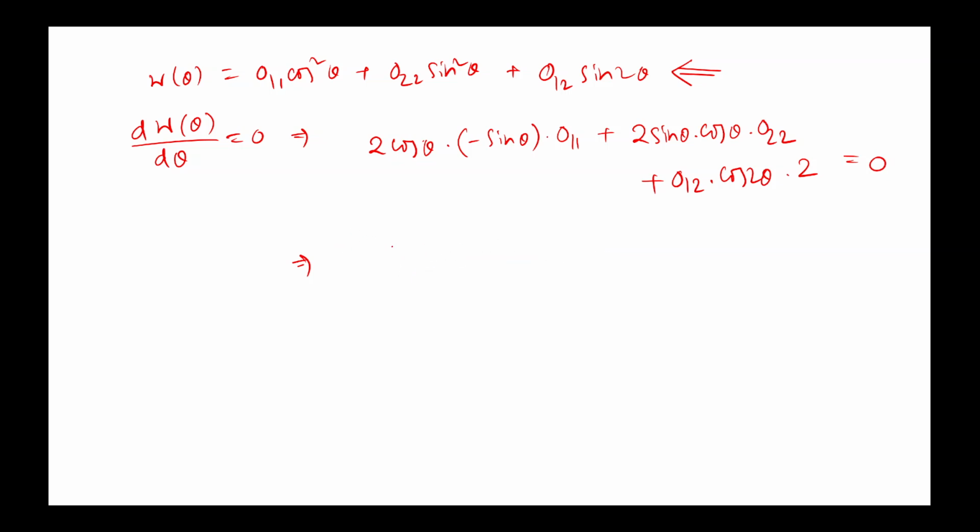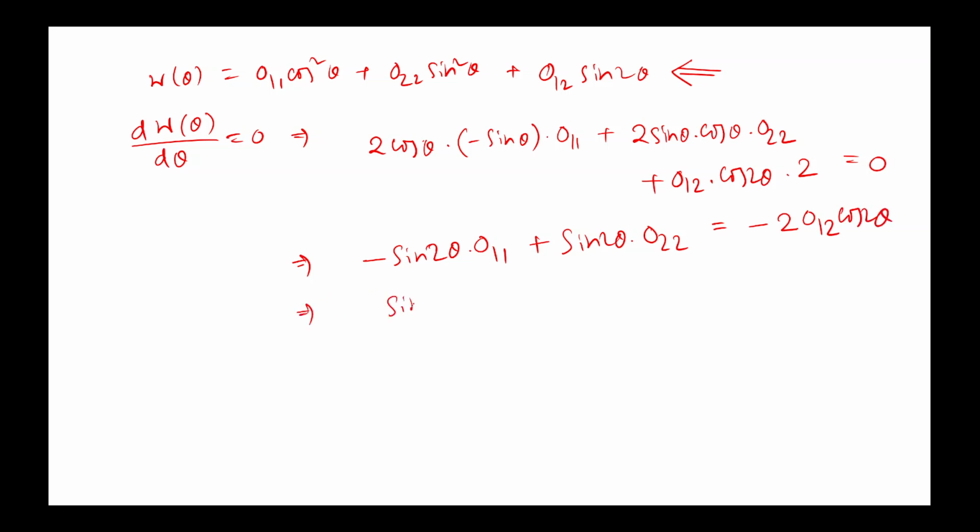I can write 2 sin theta cos theta as sin 2 theta, so minus sin 2 theta O11 plus sin 2 theta O22, and I take the O12 cos 2 theta to the other side.